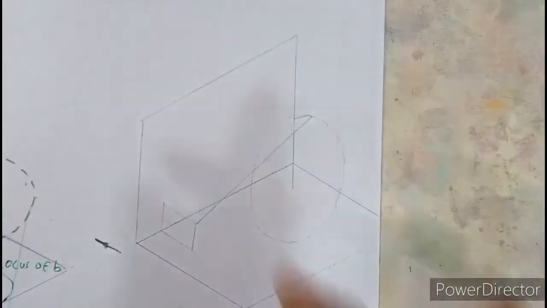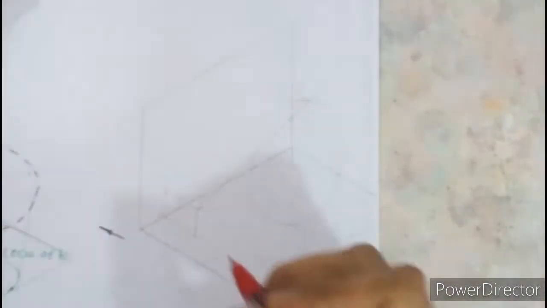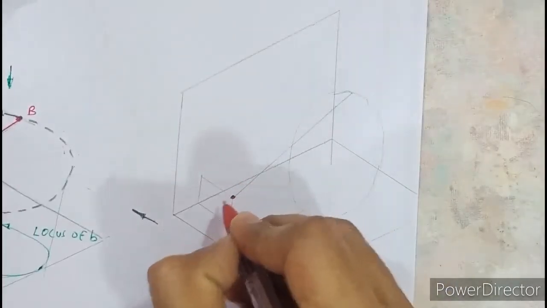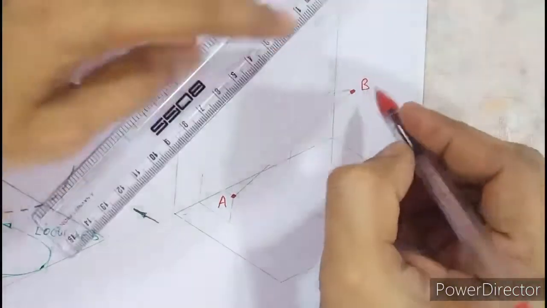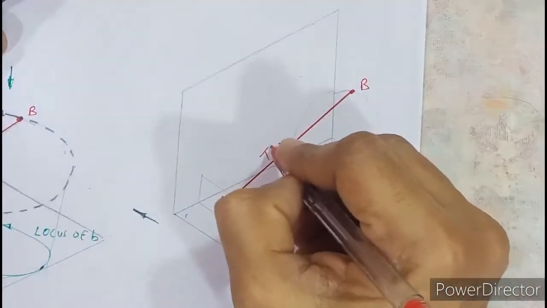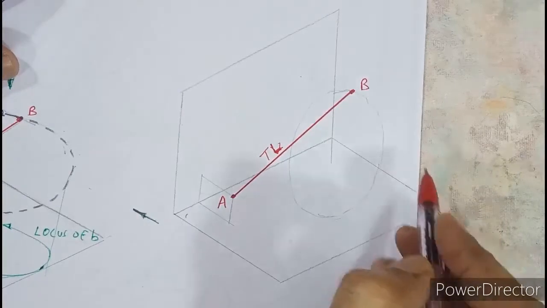Opposite, you also need to learn this part. Suppose this point is capital A and this point is capital B. Suppose this is the true length of the line. Now I wish to see the true length from the top view.